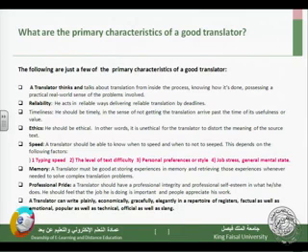As you will find out during the course, there are so many features and characteristics for a good translator, and you will formulate your own concept of the main characteristics.